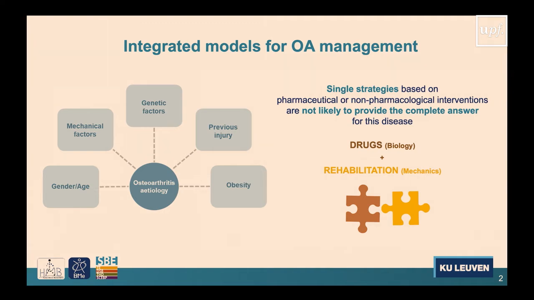More we are thinking about a combination of drug-based treatment, in which we will affect the biology of the cartilage, together with adjusted rehabilitation programs where we can tailor the mechanical loading for the joint to what the biology can sustain. And these are integrated models of care for osteoarthritis that we are trying to prepare by doing this research.